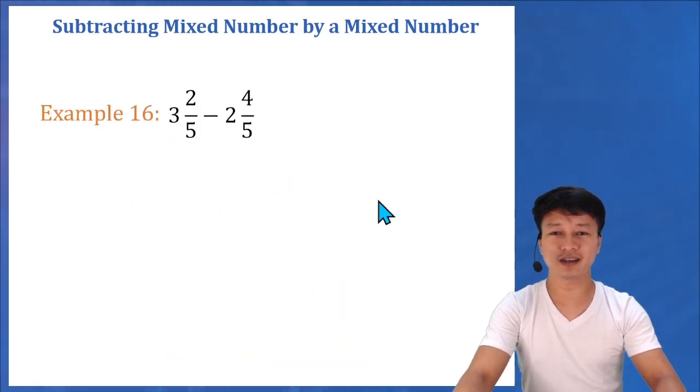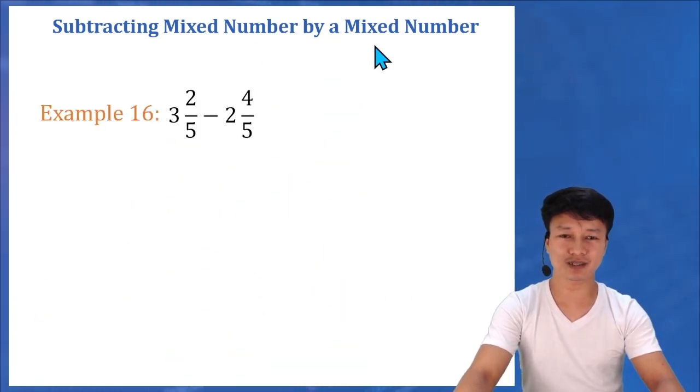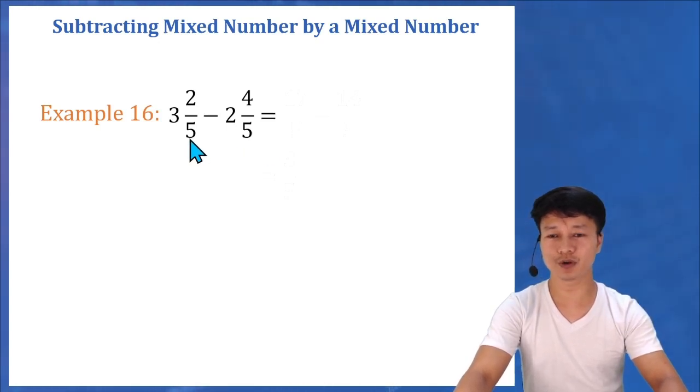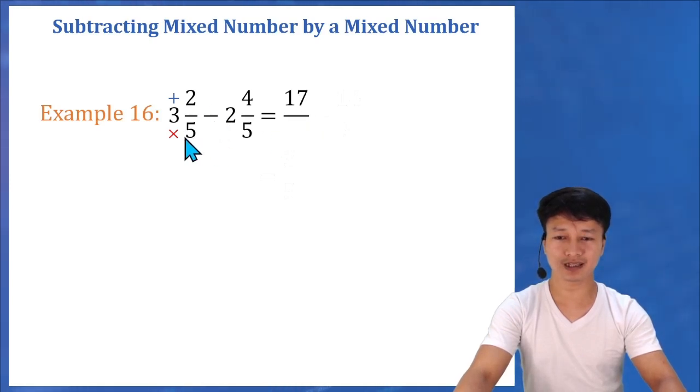So another given for a mixed number subtracted by another mixed number. So 3 and 2/5 minus 2 and 4/5. And that is equal to 5 times 3 is 15 plus 2, that is 17. Over the denominator here is 5, so this is over 5 minus, here we have 5 times 2 is 10 plus 4, that is 14 over 5.